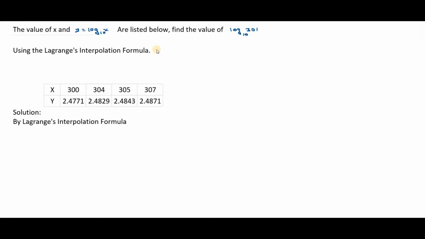We have to find the value of log 301 to the base 10, which means the value of x is equal to 301. And in this case, first y is equal to f of 301. Now in the question I have written 301, which is the value of x. So now we have to close the first value of x.